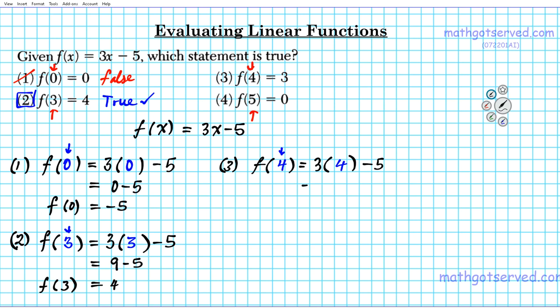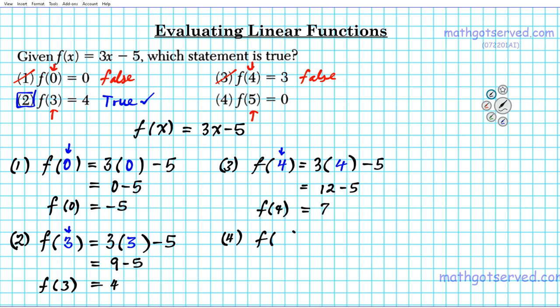Using order of operations, please excuse my dear Aunt Sally, you multiply first. 12 minus 5. 12 minus 5 is 7. So option 3 tells us that f of 4 is 3, but our work shows f of 4 is 7. Is that what it says? Nope. So option 3 is clearly false.